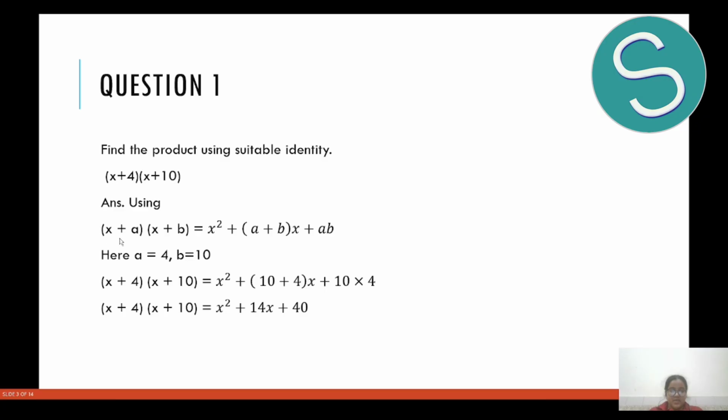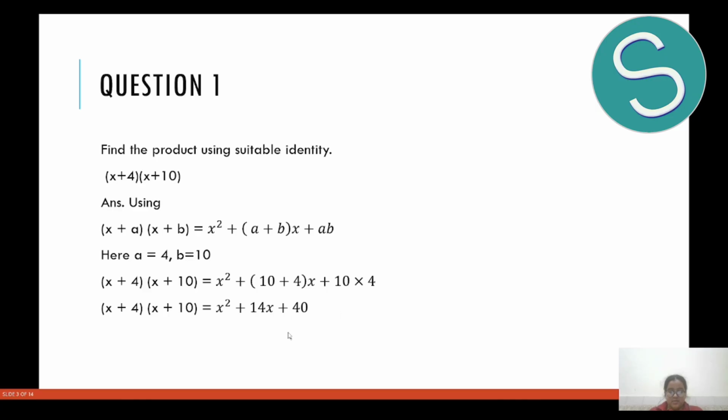So we will apply the identity (x plus a) into (x plus b) equals x square plus (a plus b)x plus ab. So here it will be x square plus (10 plus 4)x, that is 14x, plus 10 into 4, that is 40. So the product of (x plus 4) into (x plus 10) equals x square plus 14x plus 40.